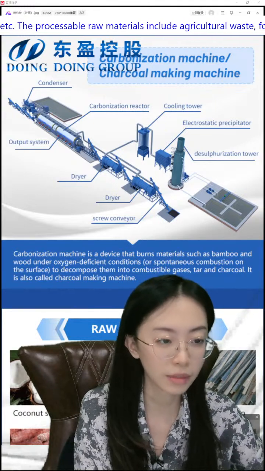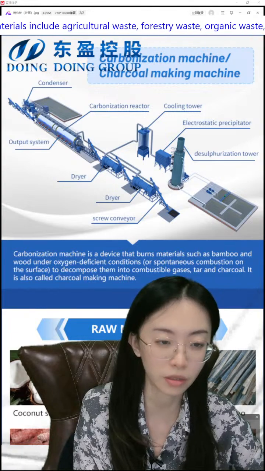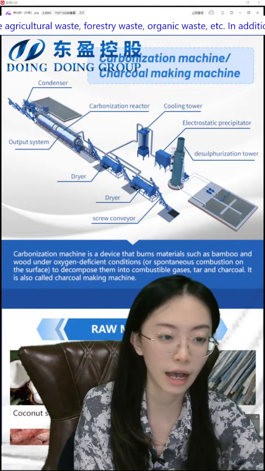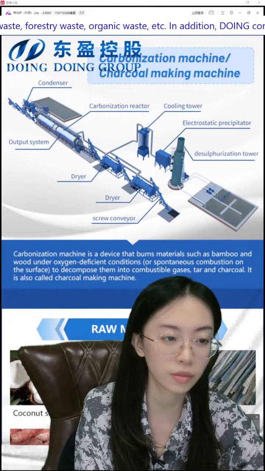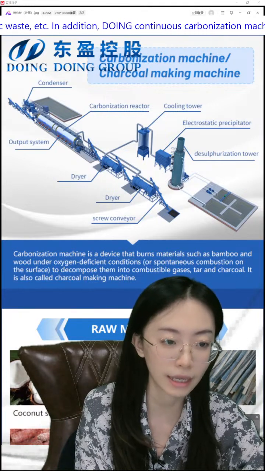The organic components in the biomass undergo complex chemical reactions at high temperature to produce charcoal, tar, and gas.